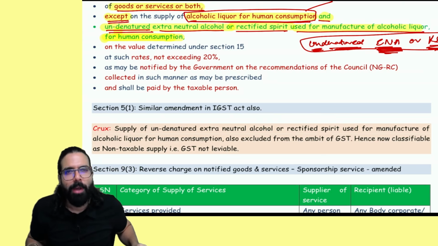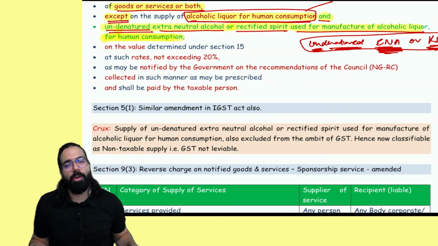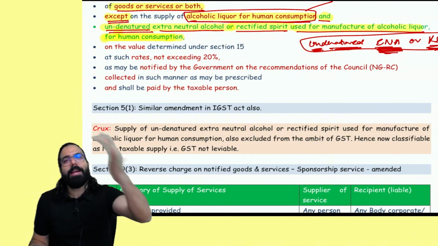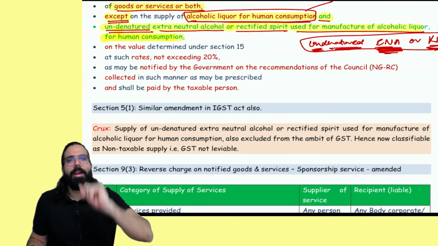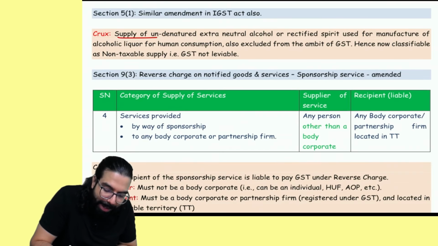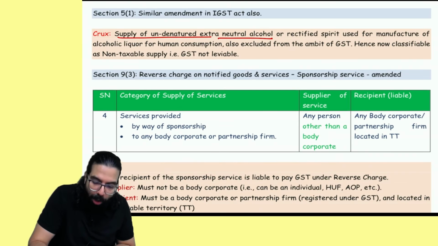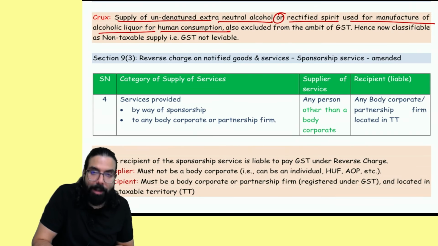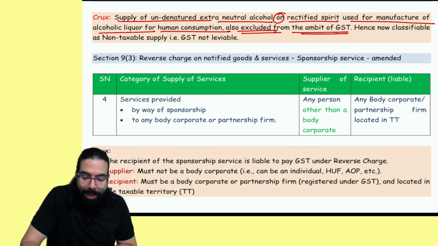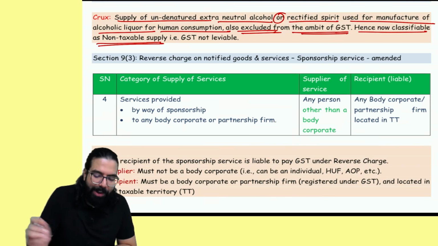So if I am supplying undenatured extra neutral alcohol or rectified spirit, which you will use to make alcoholic liquor, when I supply to you, I will not charge you GST, because supplying of undenatured extra neutral alcohol or rectified spirit which will be used to manufacture alcoholic liquor for human consumption is also excluded from the ambit of GST, hence now classifiable under non-taxable supply.